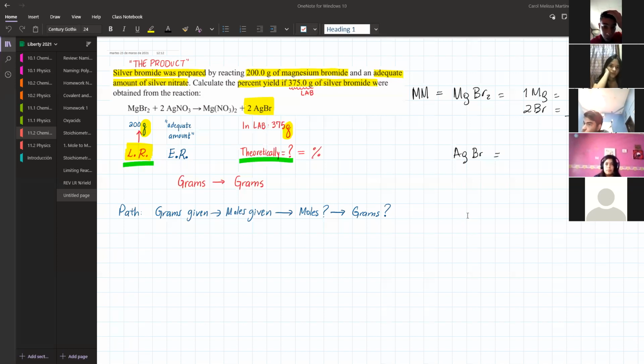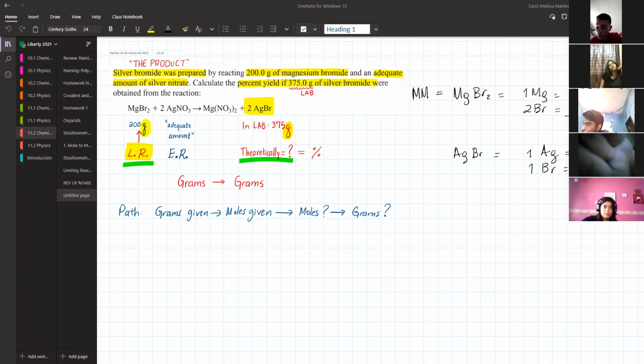For silver bromide, I have 1 silver and 1 bromine. So it is 1 times silver's atomic mass, that is, let's see, 107.87, and bromine, that is 1 times 79.9.